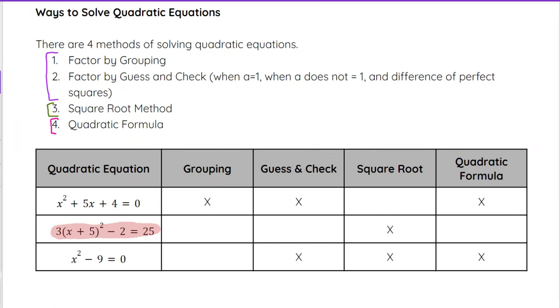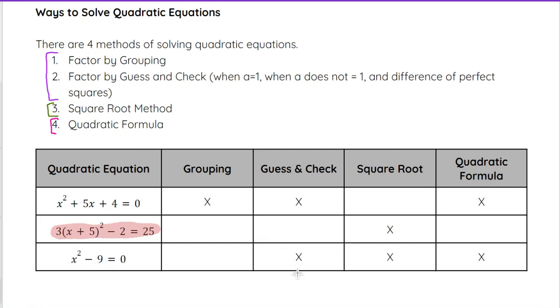That one can be solved by the square root method. It can be solved by the other 3 if I first wrote it in standard form. If I wrote out (x plus 5) squared, simplified that, and rewrote everything, got it all on one side, you could solve it that way, but the square root method is the more common way to solve that one because of how it's written.